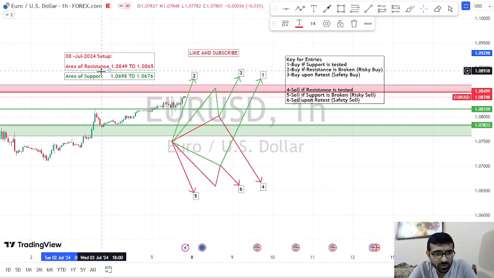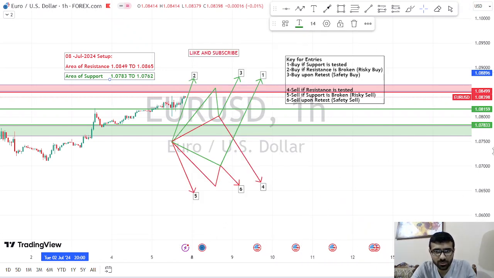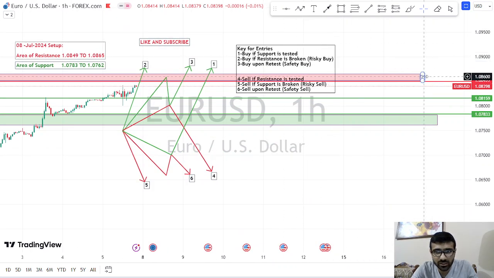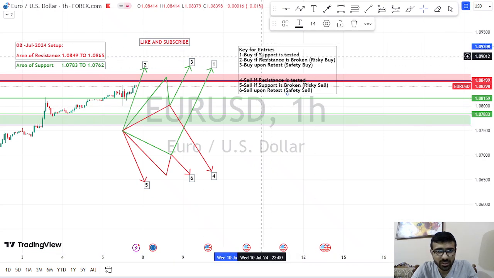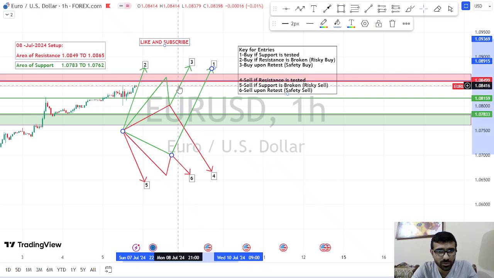Okay, so the area of support will be 1.0783, and the major area of support will be 1.0762. Okay, so now I have given you the areas of support and resistance so you guys can easily take trades in this Euro versus US dollar pair.